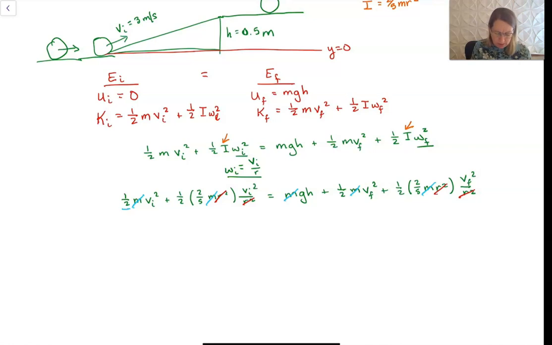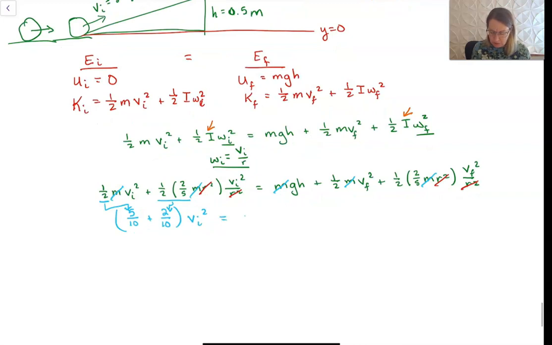Notice I've got a 1/2 v initial squared and a 2/10 v initial squared. So I've got 1/2, which is 5/10, plus 2/10 v initial squared. So that 1/2 comes from there, and the 2/10 comes from there, is equal to g times h plus, same thing over here, 5/10 plus 2/10.